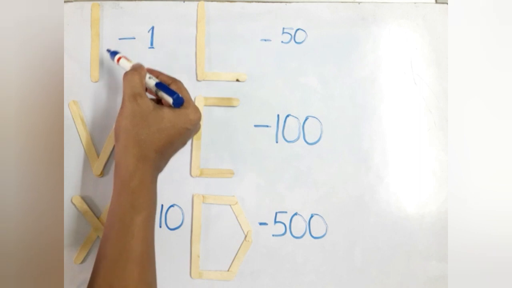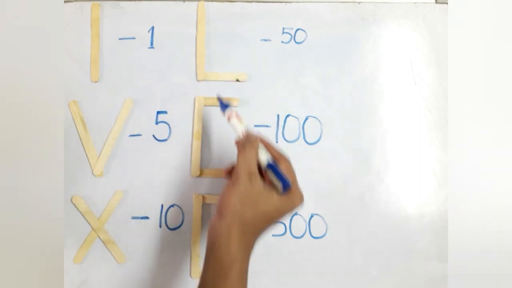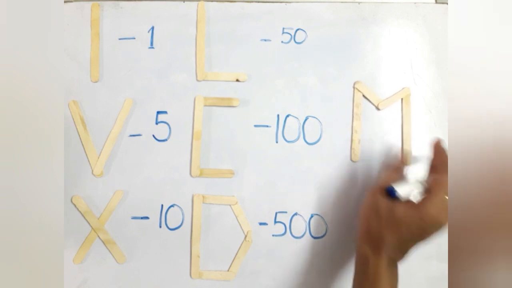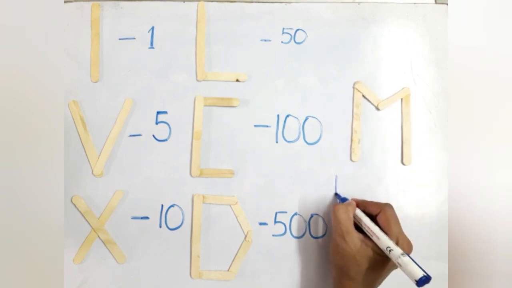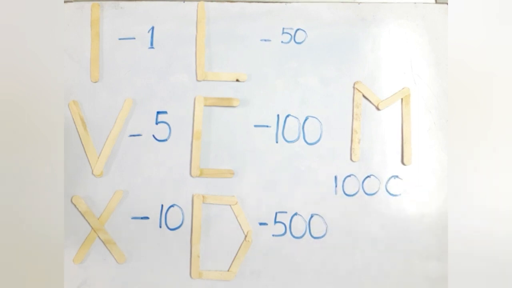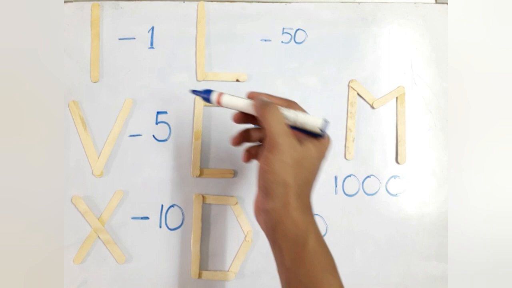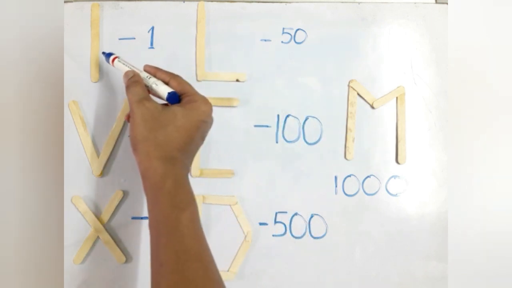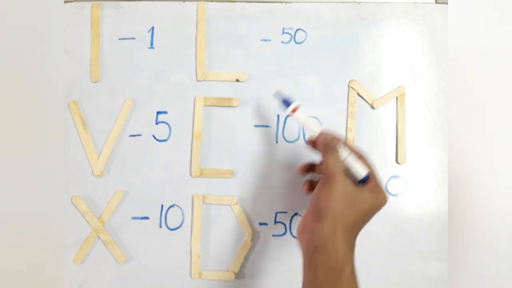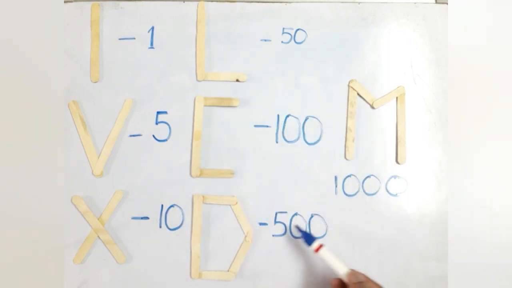Lastly they used M, which indicates 1000. So 7 symbols: I for 1, V for 5, X for 10, L for 50, C for 100, D for 500, and M for 1000.